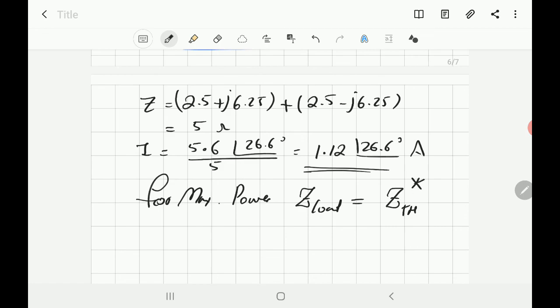So if you want, in this example, to get maximum power, the corresponding Z load will be the conjugate of Z Thevenin, so it will be equal to 2.5 minus j6.25.